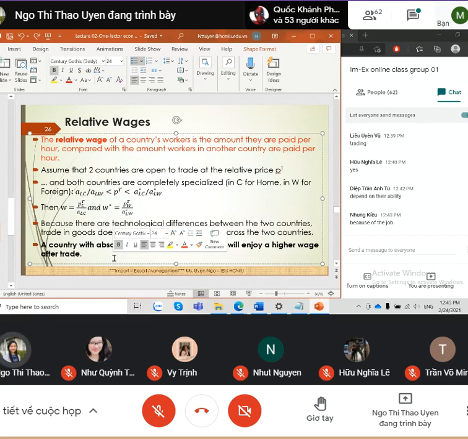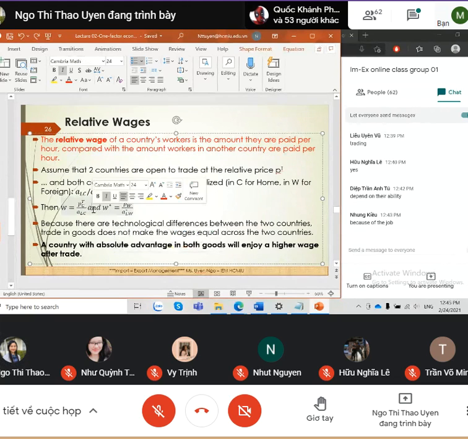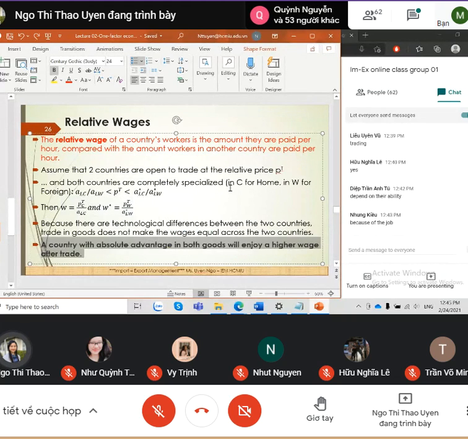So we come up with a conclusion that a country with absolute advantage in both goods will enjoy a higher wage after trade. Think of this.